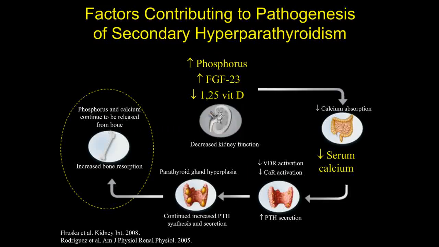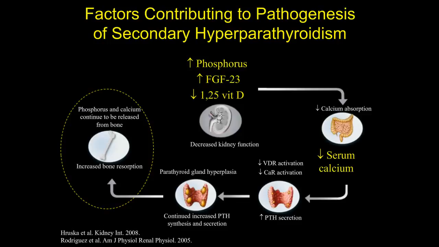In terms of the factors that contribute to secondary hyperparathyroidism, as I mentioned, we have decreased kidney function. We get an increase of phosphorus, an increase of FGF23, and a decrease in calcitriol. That results in a decrease in our calcium absorption in the GI tract.